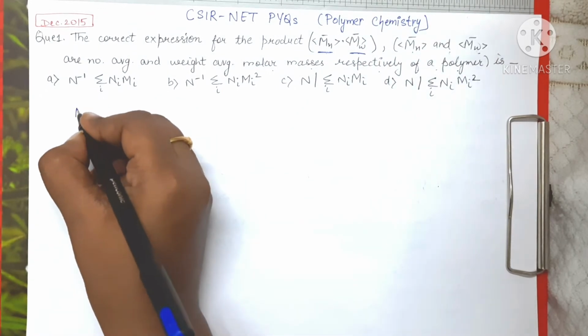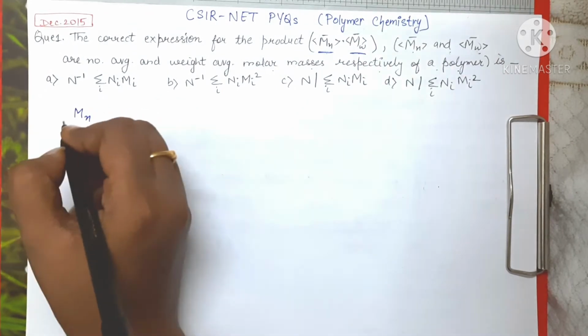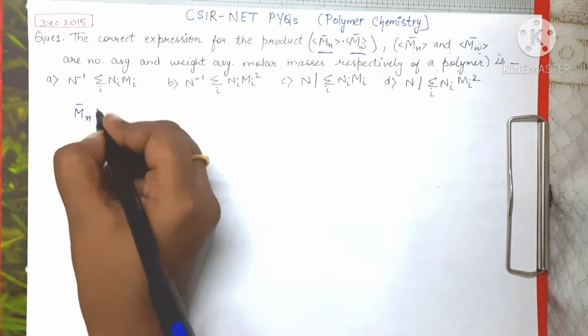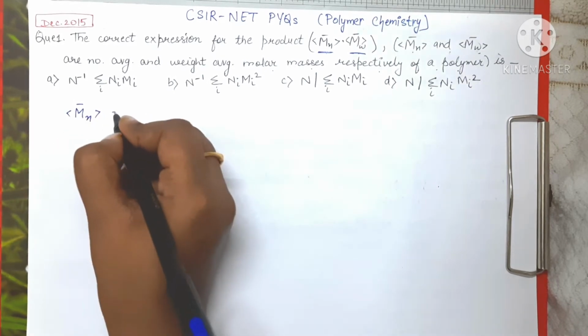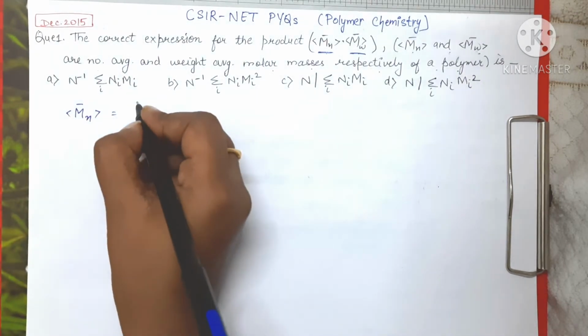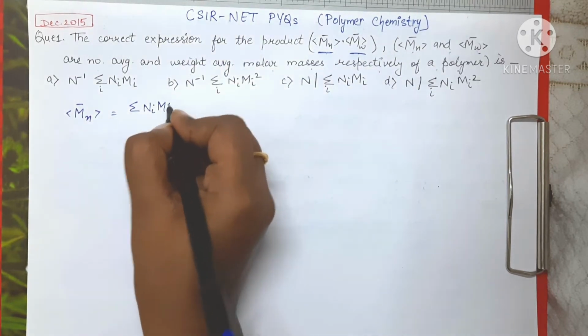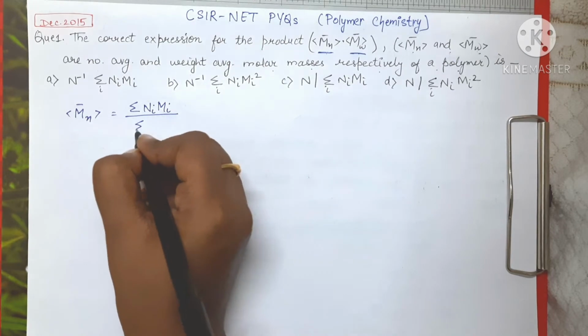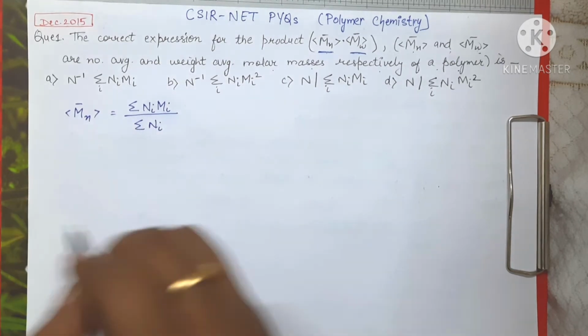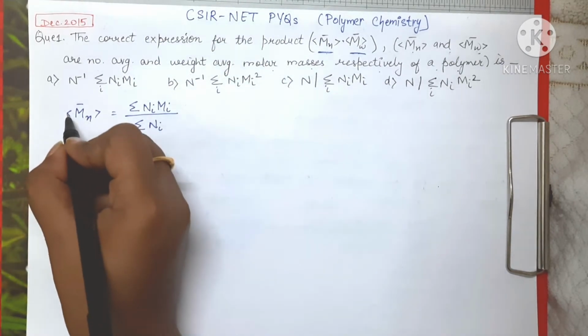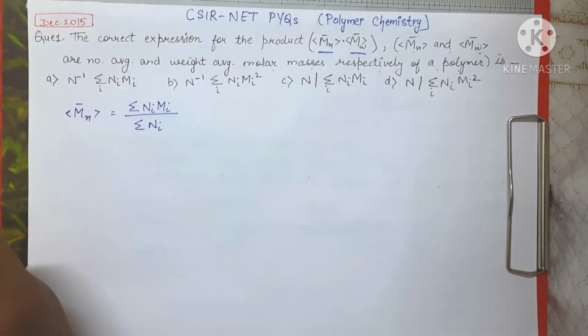It is specified that Mn is the number average molar mass. So we know the formula for Mn, which is sigma Ni Mi divided by sigma Ni. See, in polymer chemistry you just have to remember the formulas and you will be able to solve the questions.